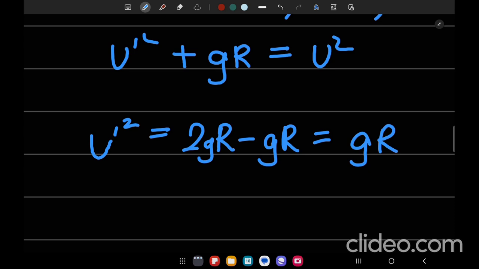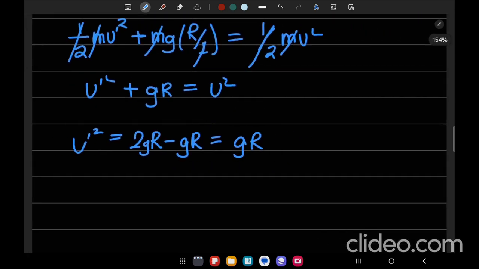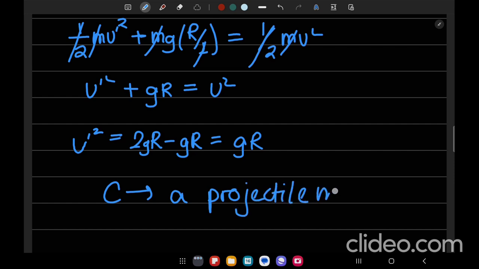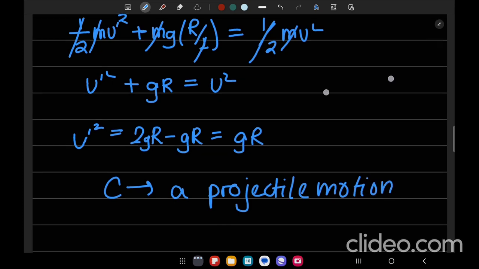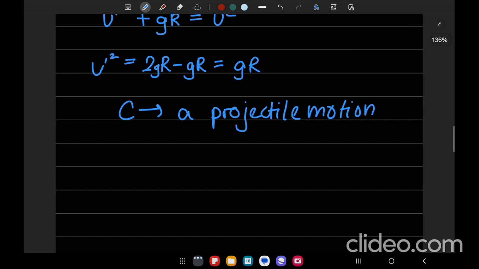Now at point C, it will perform a projectile motion. The angle of projection will be the angle of inclination, that is theta is equal to 30 degrees.